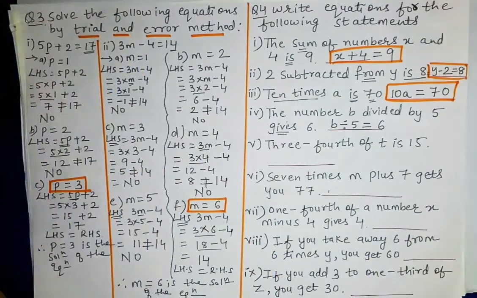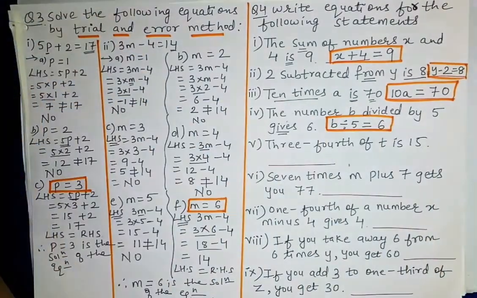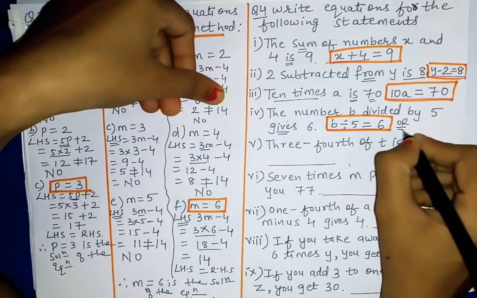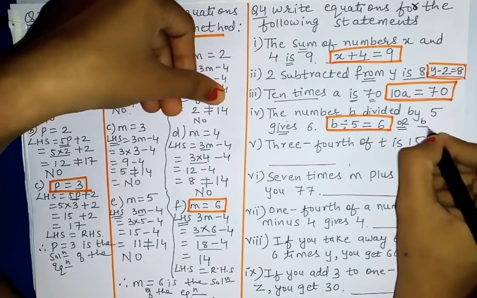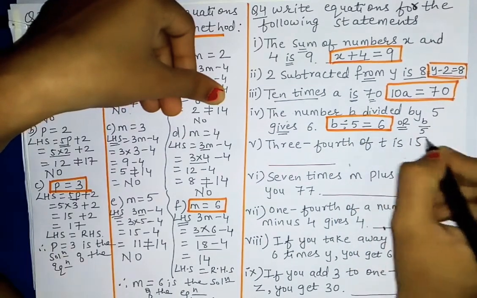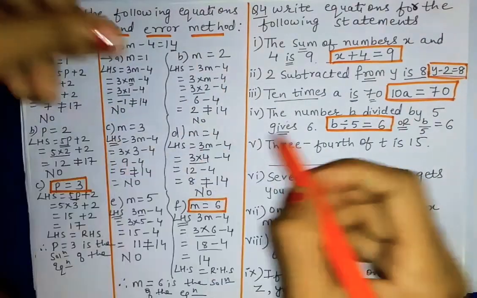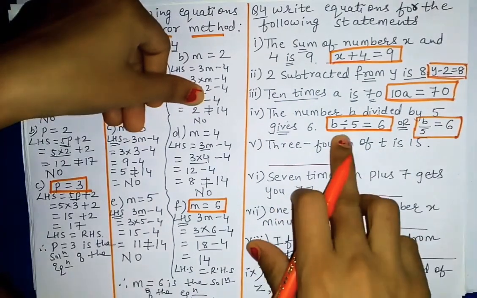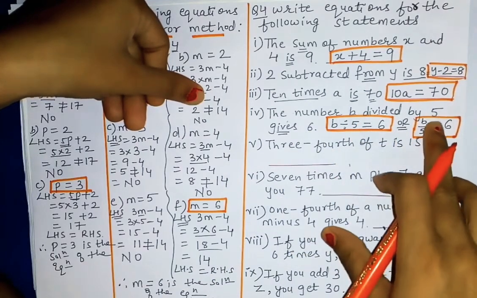Or there is one more way, another method also. b divided by 5 can be written in fraction also, और b divided by 5 को ऐसे भी लिख सकते हैं, b upon 5. Both ways it is correct. So b upon 5 equal to 6. So either you write this or you write this.